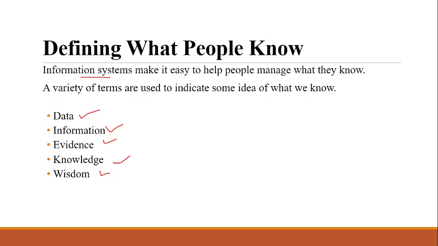Unprocessed information is called data, while processed data is known as information. Processed data, information, and evidence is known as knowledge, which can be used in GIS, and for decision making we use wisdom.